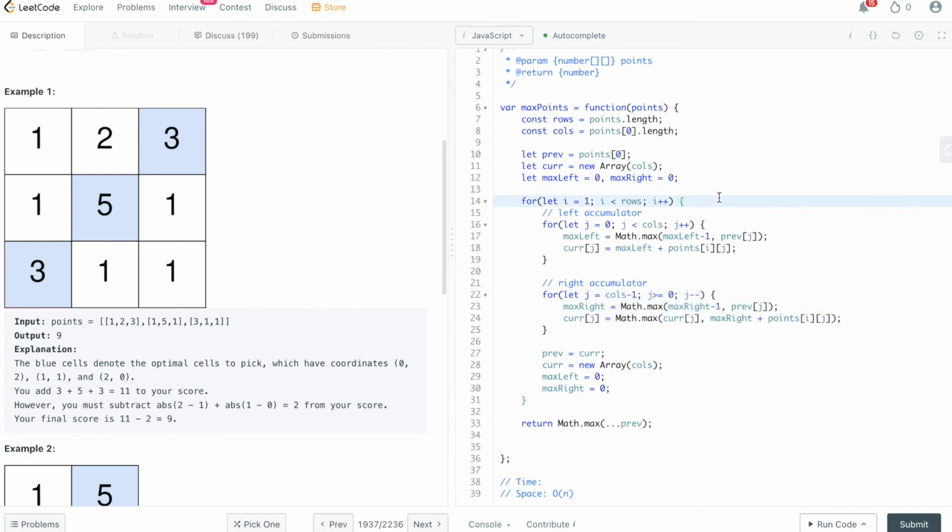So this is O of m, O of n, and similarly, this is O of n, right? And since this isn't a nested for loop, these are just two for loops beside each other, it's basically going to be O of m times n. So that's our time complexity.